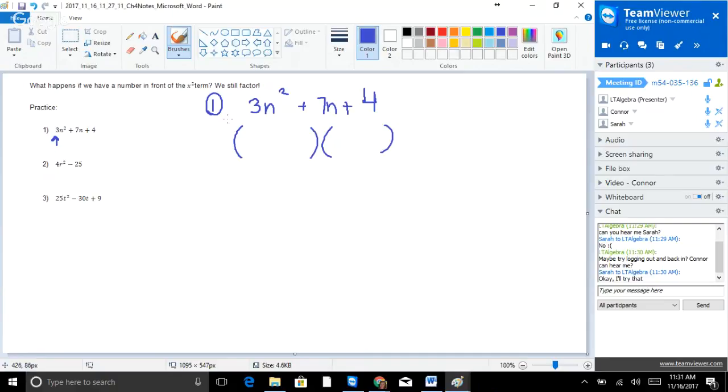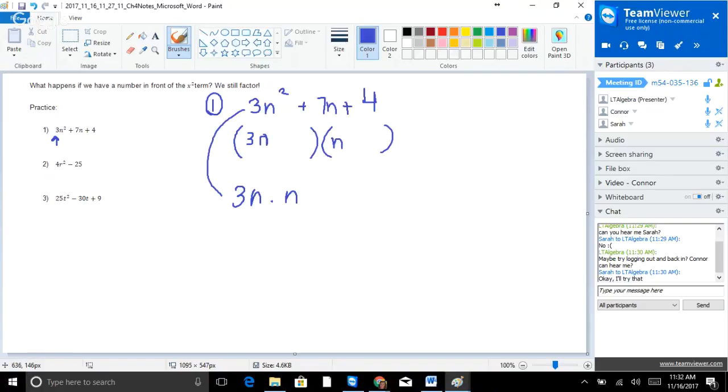The only ways that we can factor 3n squared are we can do 3n times n, or we could do negative 3n times negative n, but that's just mean. So we're just going to stick with 3n times n. So we know that one of these has to be 3n, and one has to be n.